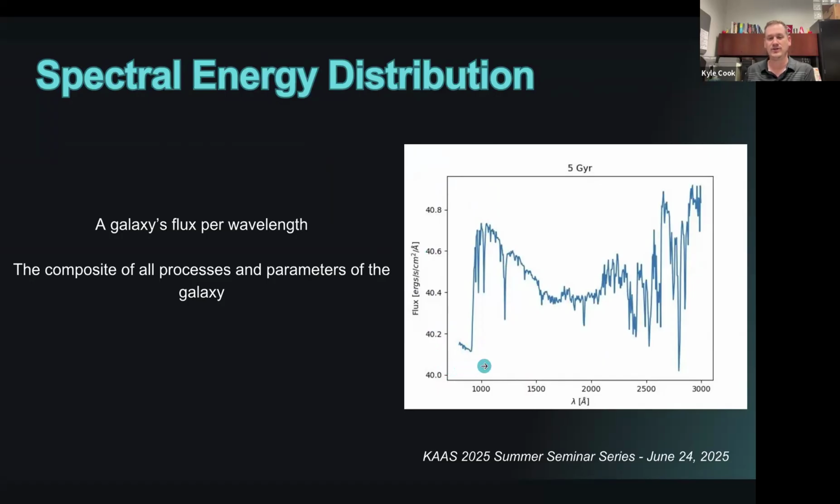And most importantly, this is like a fingerprint on every model, every process, every parameter that goes into a galaxy. So if you change the amount of dust, this model will change. If you change the amount of metals, what's the metallicity of this galaxy? Then all of a sudden things change. So they're quite different depending on what happens.